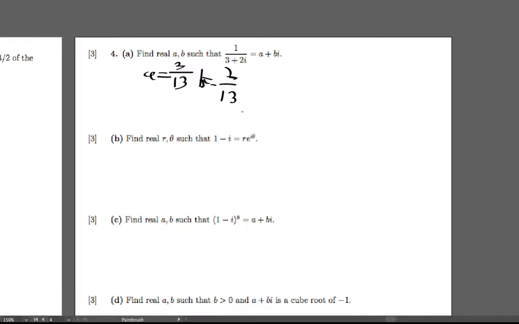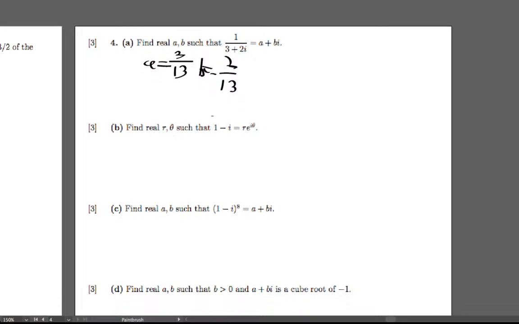Okay, second problem. Find real r and theta such that 1 minus i equals r e to the power of i theta. To do this, the r here is the length, which is basically 1 squared plus negative 1 squared, that would be square root of 2. And then when you look at a complex plane, where is 1 minus i in the theta direction, that would be negative pi over 4.